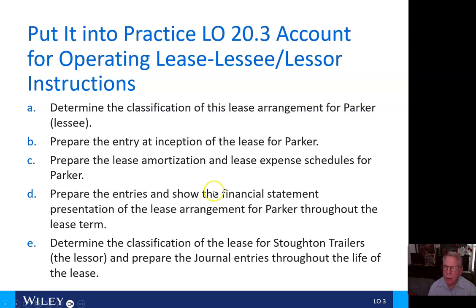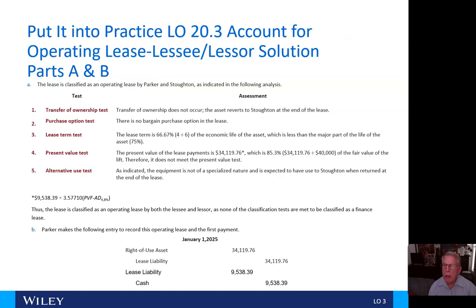All right, they want you to do several things here. Let's look at Alpha first. Determine the classification of this lease arrangement for Parker, who is the lessee. So if I jump ahead here, the lease is classified as an operating lease by both Parker and Stroughton as indicated.